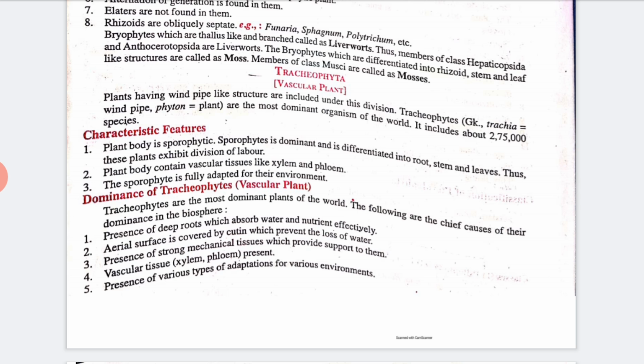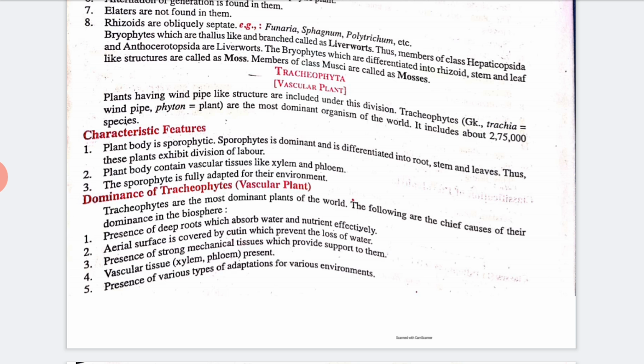Okay, now next we have Tracheophyta, or we can say vascular plants, meaning vascular tissues are present. So plants having windpipe-like structures are included under this division. Tracheophyta, trachea means windpipe, and phyton means plant, are the most dominating organisms of the world, and include about 2,75,000 species.